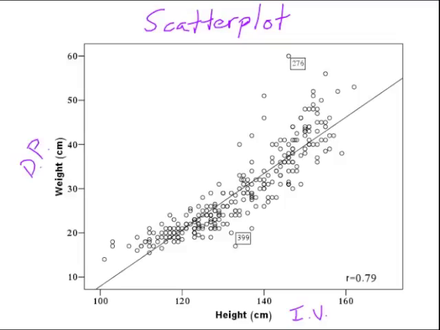So whoever was graphing this was trying to see if weight in the population depends on height. Each individual gets a single point on the graph, and then we draw a best fit line, as you see here, that shows kind of the trend.